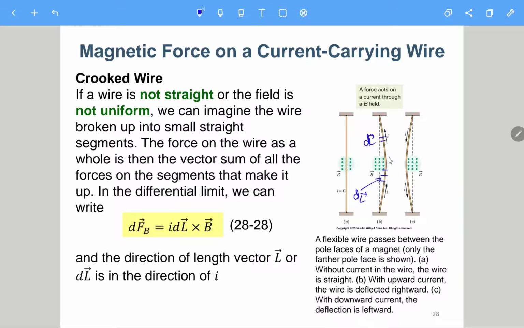Maybe they point in different directions, and then we can just integrate them together. So we have dFB equals I dL cross B.